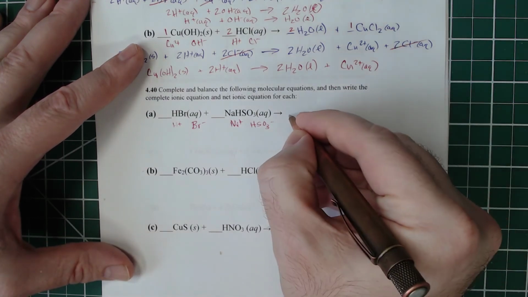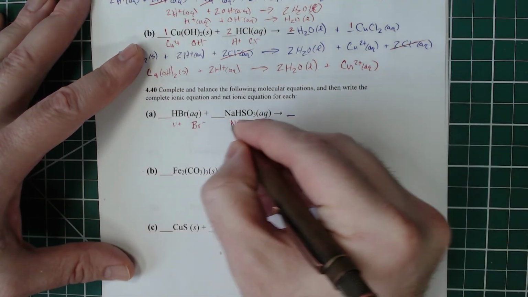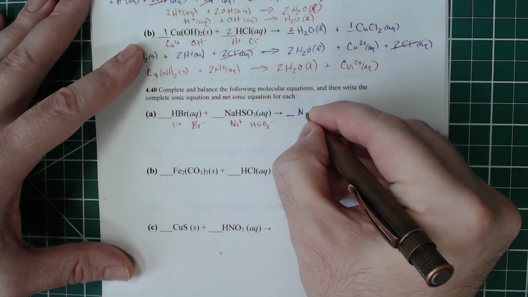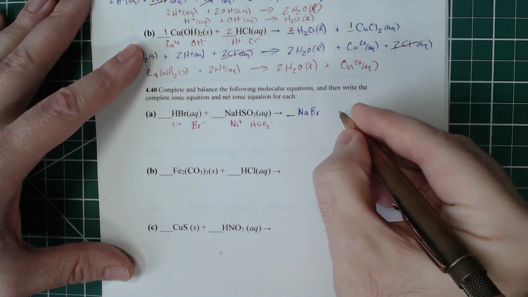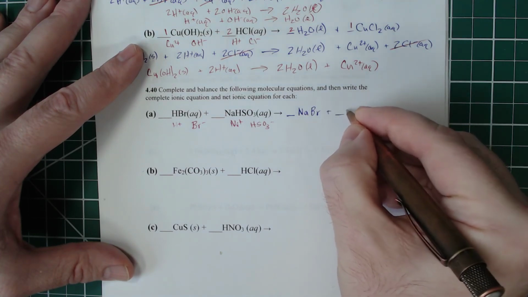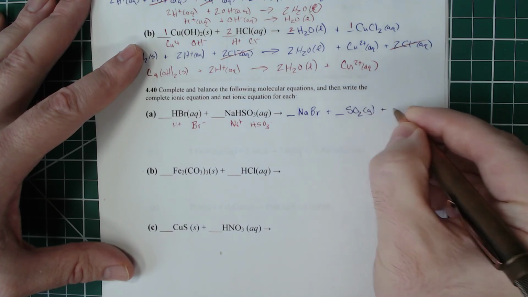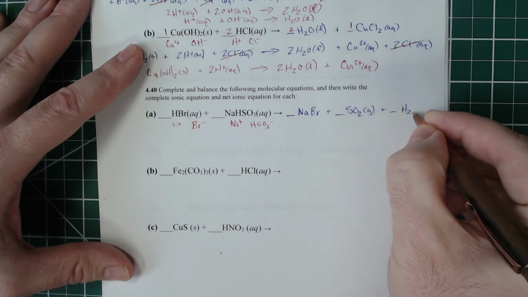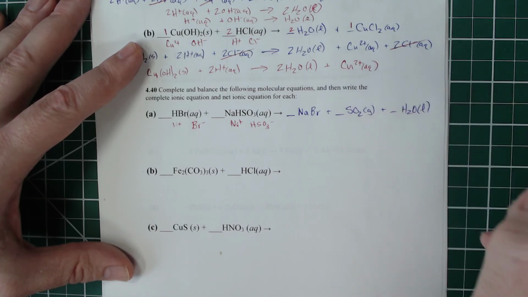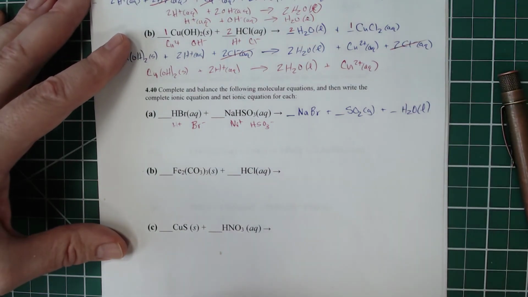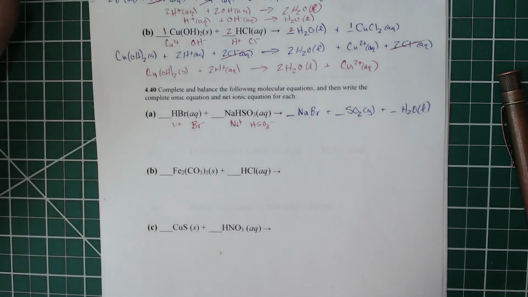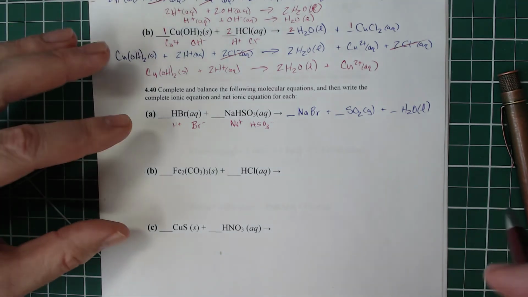So our products are going to look like this. Our ionic compound is going to be the sodium bromide, NaBr, and then we'll get sulfur dioxide and H2O. When we go through and attempt to balance this, we will see that this is already balanced. I'll just show you.